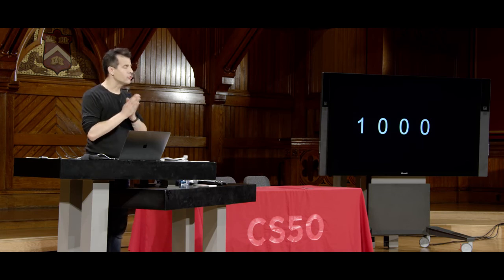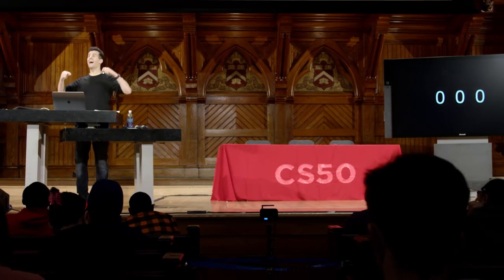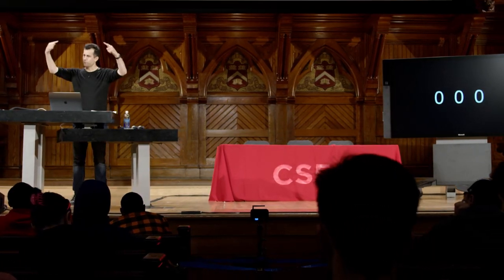What is 999 plus 1 if your hardware only has 3 digits? Well, it's apparently 0. So you get this kind of overflow, where, well, not 998, 999, 0. It overflows, so to speak. The 1 kind of falls off conceptually, and you roll over to the next value, which is 0, 0, 0.